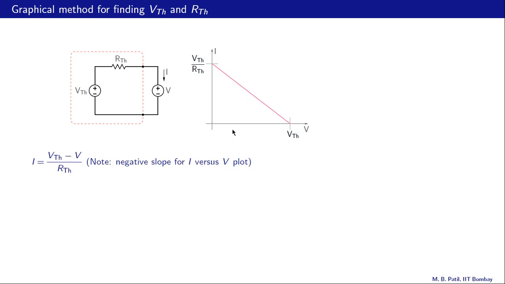And let us now try to understand why the plot looks like this. What is this current? It is Vth minus V divided by Rth, this equation. And note that it has a negative slope. The slope is minus 1 over Rth, and that is reflected in this plot here.